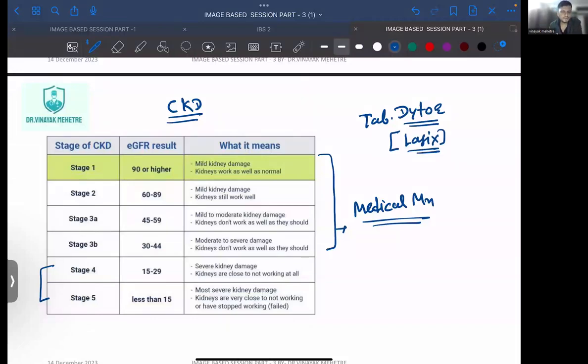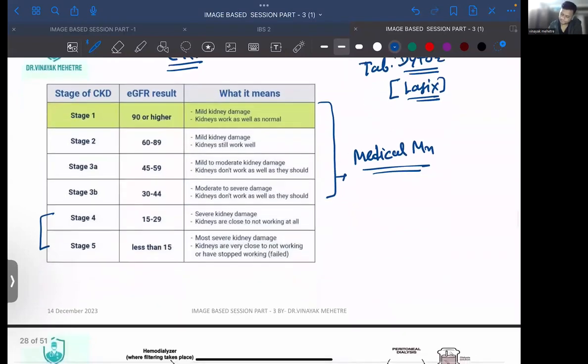But in grade 4 or grade 5 we cannot use it. The patient needs dialysis. Just remember the boundary line: less than 30 glomerular filtration rate. Less than 30, the patient needs dialysis.